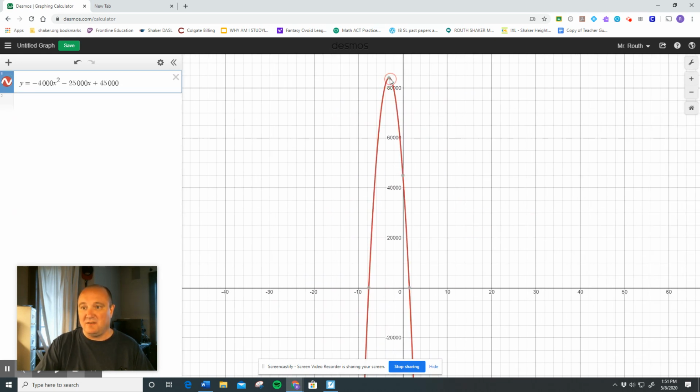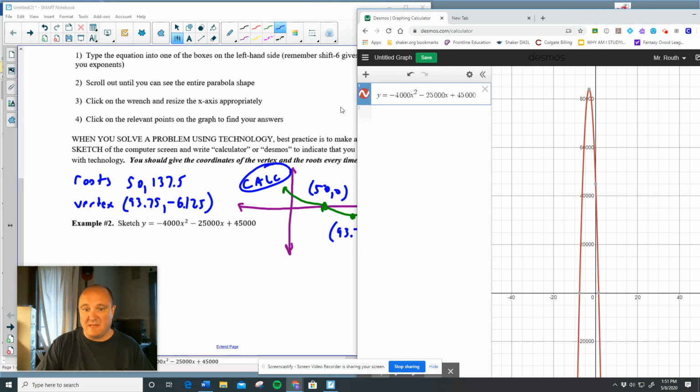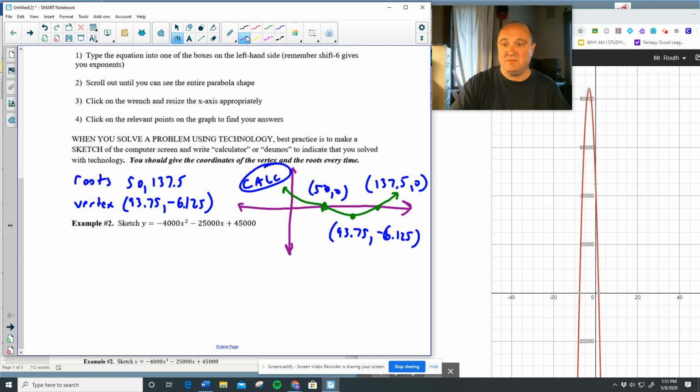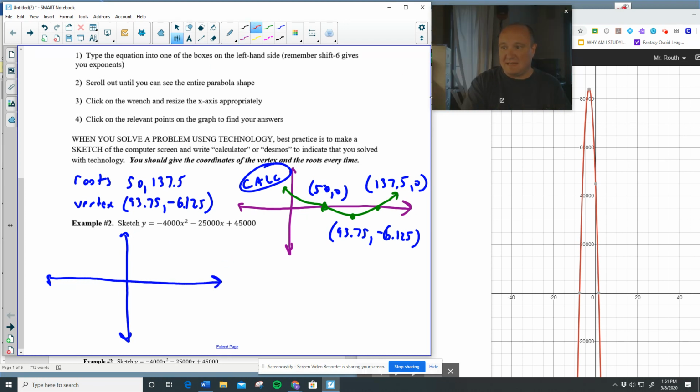So I click on my 3 dots to find the roots and the vertex. And now I'm ready to sketch. Now, one thing I didn't talk about in the first sketch that I should have is that lots of times it's good to provide some sort of scale. So up here, this is at 80,000.